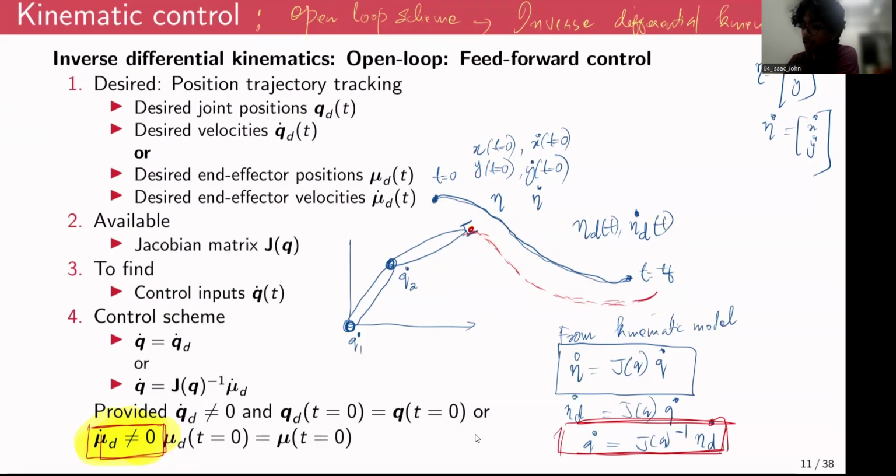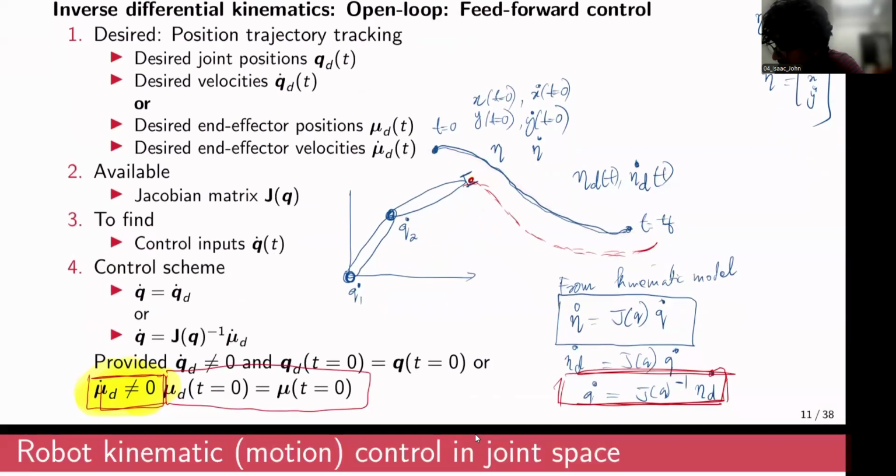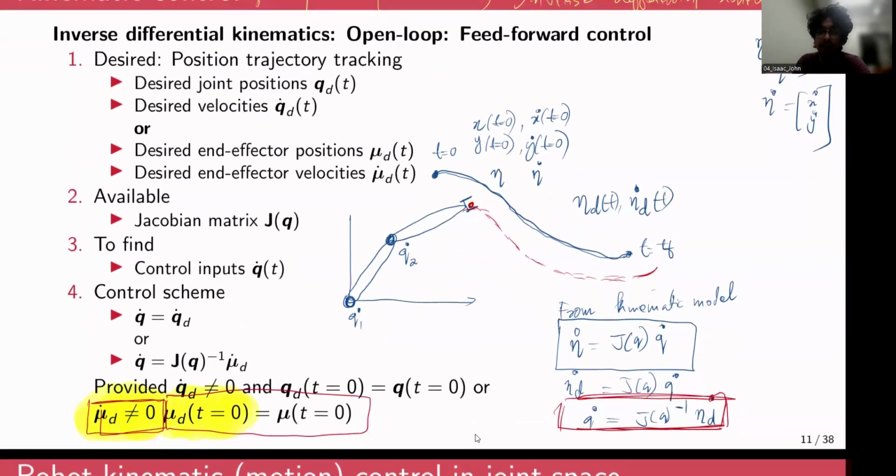So the condition would be, eta desired at time t equal to zero. So this term is the initial position or initial configuration of the desired trajectory, and this term over here, eta at t equal to zero is the initial position of the actual trajectory. So both will have to coincide for this controller to work.